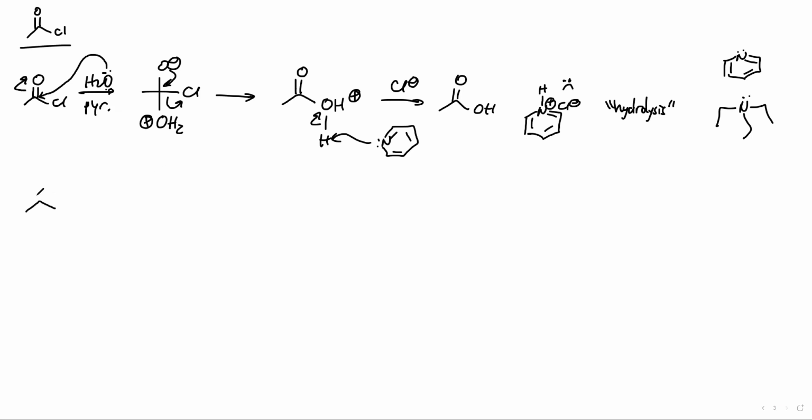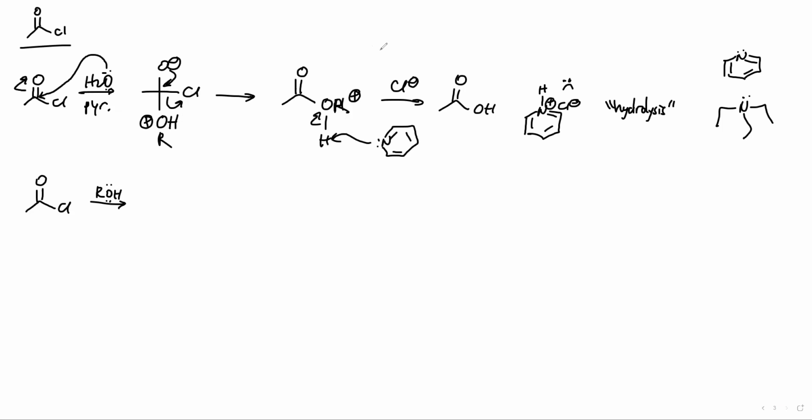Okay. Now the water reaction, right? If water can react and it gives us the acid, then acyl chloride should also be able to react with organic water, or alcohols. And so the mechanism is exactly the same. Just replace OH2 with ROH. So you can just literally put R here like this, and the mechanism is exactly the same, right?